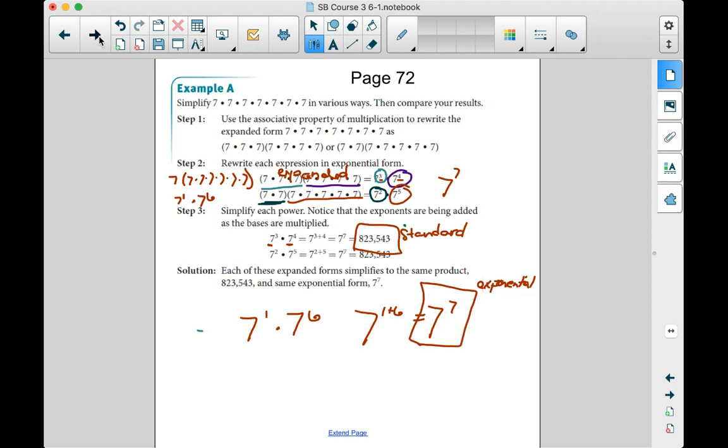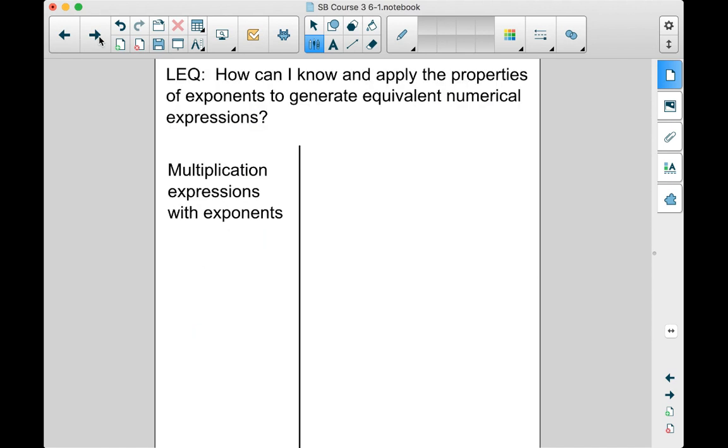So we're going to go ahead and in your notebook, I want you to get the LEQ written down and get the multiplication expressions with exponents written down. So this is our property for multiplication with exponents. Go ahead and get that down, and then I want you to turn and talk to your partner.